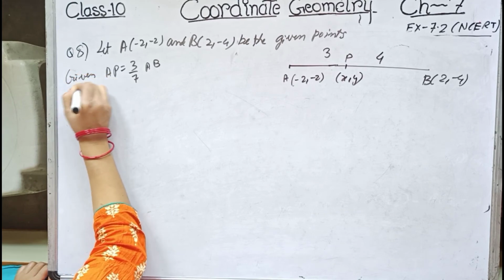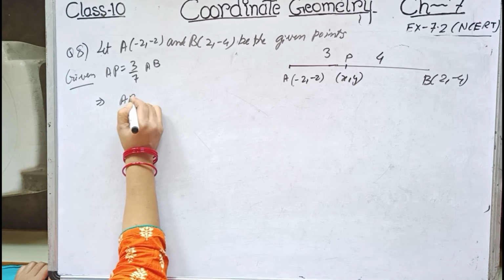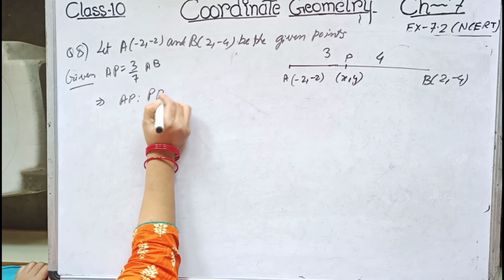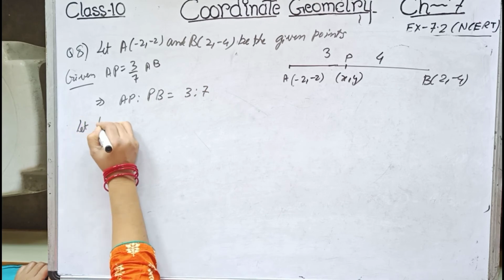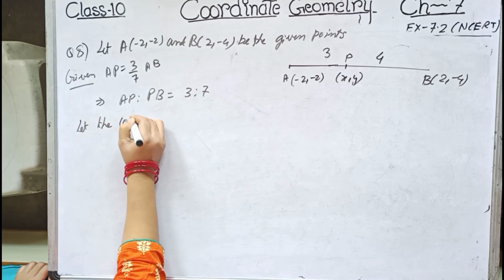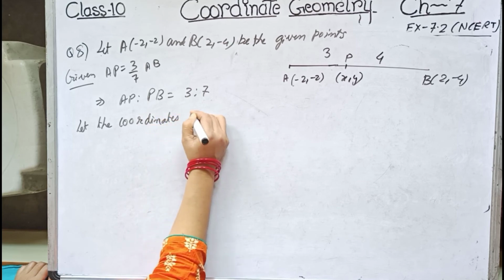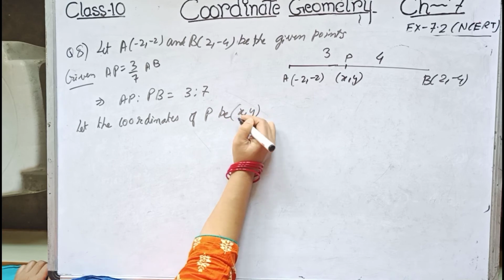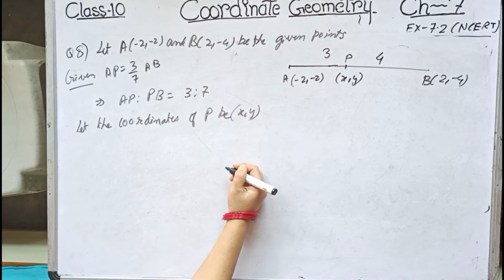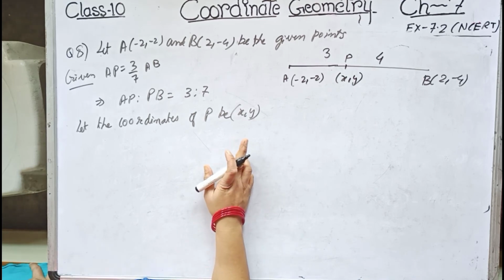Given AP equals 3 by 7 of AB, this implies AP is to PB equals 3 is to 4. Let the coordinates of P be (x, y). We have to find the coordinates of P, that is, the value of (x, y).